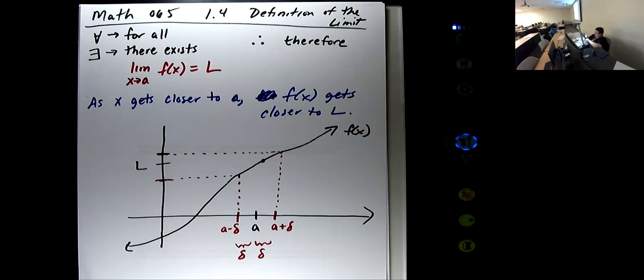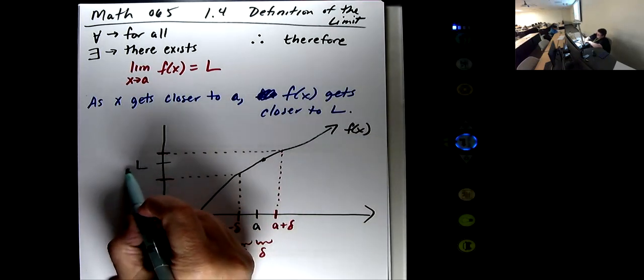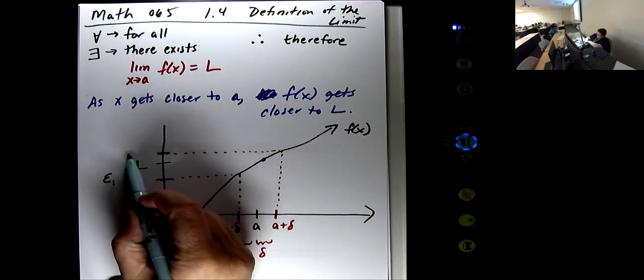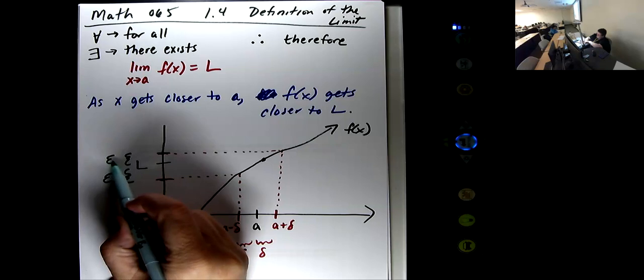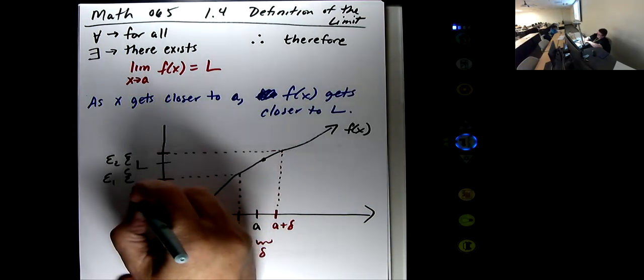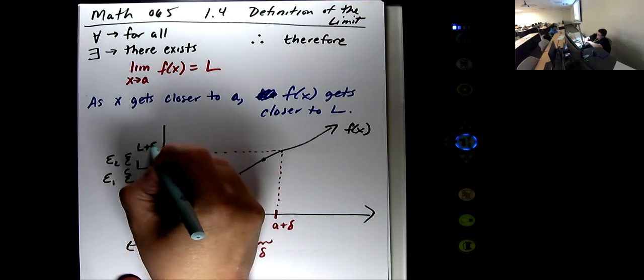Where the equivalent over here, we'll say this distance is epsilon 1, and this distance is epsilon 2. So this is L minus epsilon 1 and L plus epsilon 2.